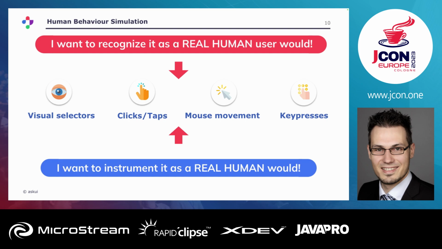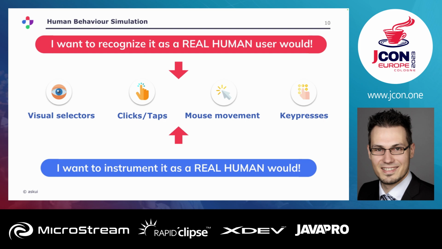This means visual selectors, like I described earlier. And I also want to instrument every operating system as a real human user would. This means taps on your phone, real mouse movement, and also key presses, like real keyboard input.